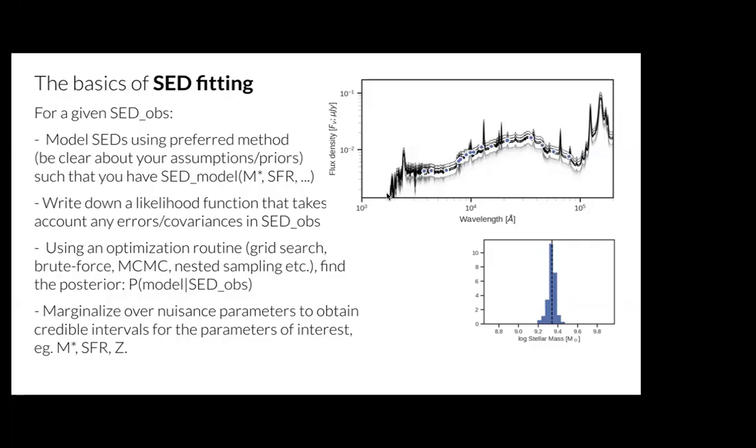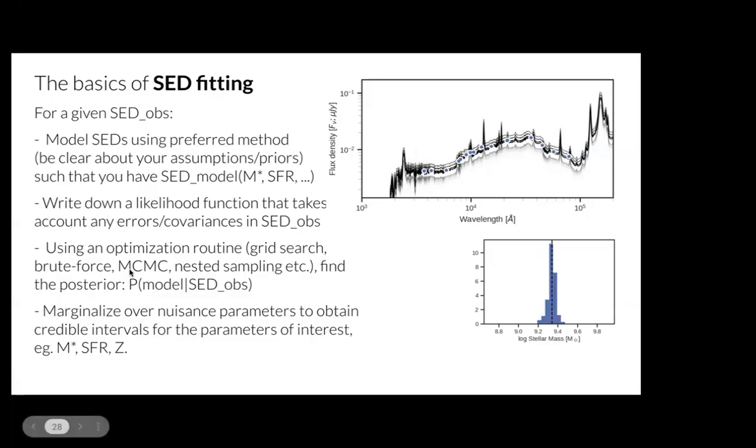The way we do this in practice is to use some kind of optimization routine. You can either make a grid in the parameter that you care about, and at each value of the grid, see how good the match is. Then you take the coordinate in the grid for the best match and say that's the optimal answer.